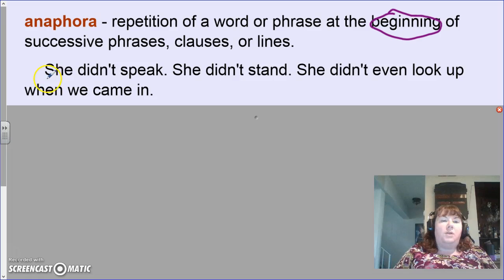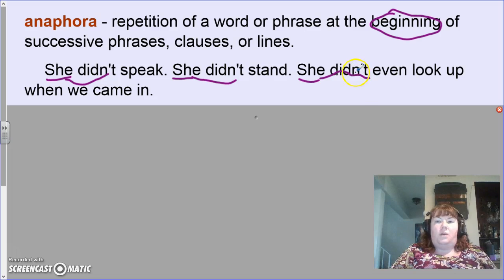Now here, we see a she, and we see a she. So we'll underline all of those, but that's not the only thing that repeats. It says word or phrase. So in actuality, it's she didn't, she didn't, she didn't. Excuse my lines, these are hard when I'm working with a mouse. Okay, so that is anaphora.